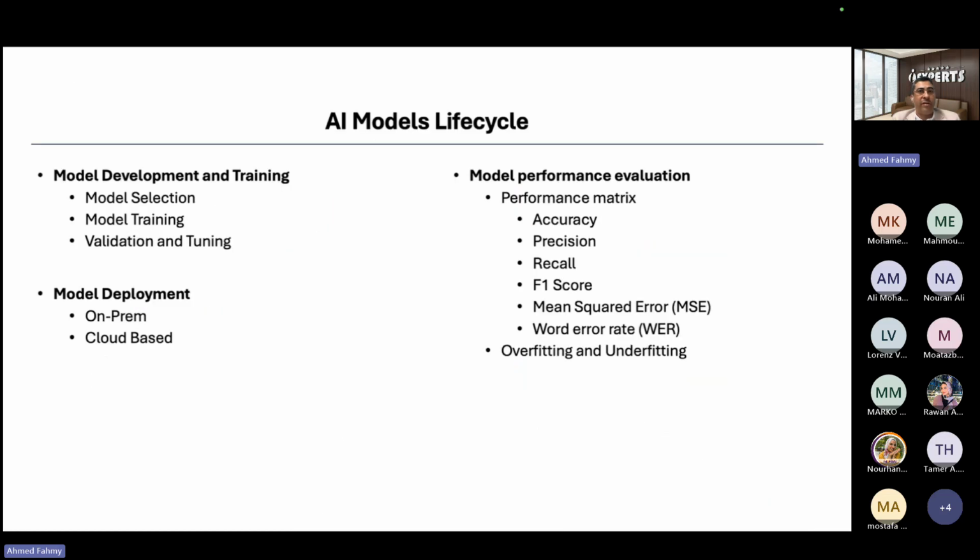If we look at the AI solutions life cycle, we may find that some organizations are developing AI systems and some other organizations are using or consuming these AI solutions.